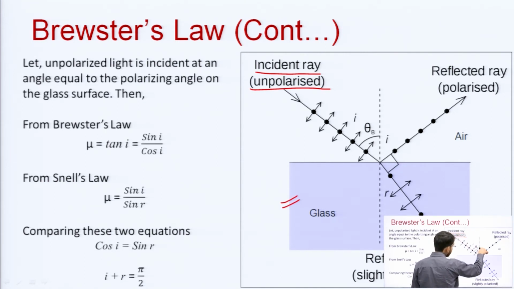So, some of the light will enter the glass, some of the light will be reflected back. So, according to Brewster's law, if this angle, the angle between reflected ray and refracted ray, is 90 degrees, a right angle, then in this case this reflected beam will be linearly polarized.